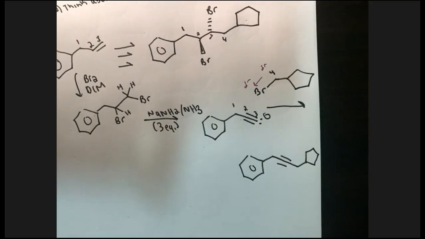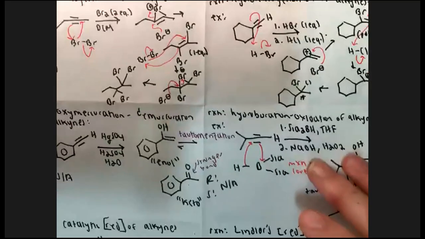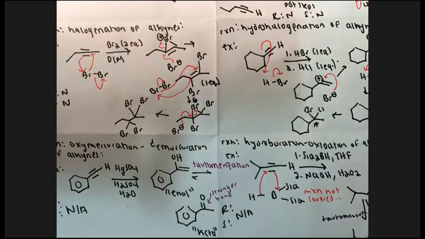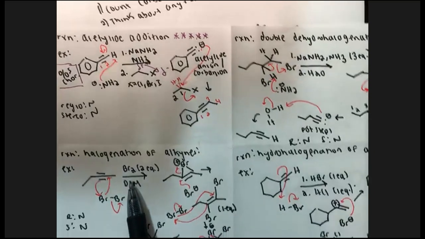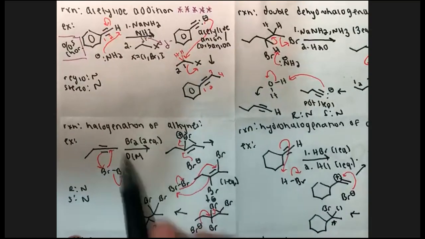So you have to be very good with your alkyne reactions, specifically all the ones involving halogens, okay? So why am I saying that? Because look, we have 2 types. We have hydrohalogenation, okay? And we have halogenation right here.